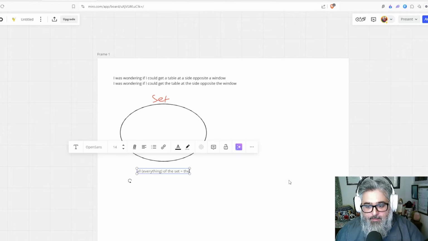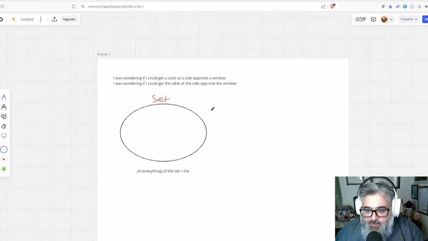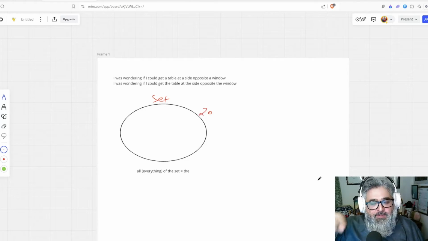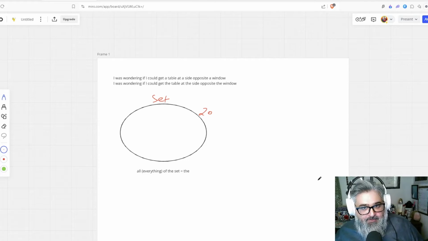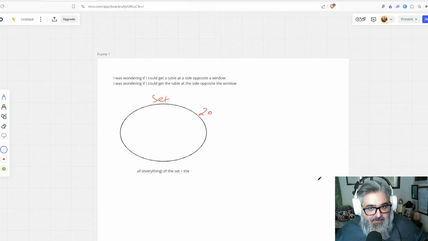And I'll show you an example. Suppose I bring a bag of apples to lunch, right? And suppose I have 20 apples in this bag. So now the set consists of 20 apples, right? And if one of my colleagues, one of my co-workers wants all of the apples that I've brought for lunch, he's going to say what?